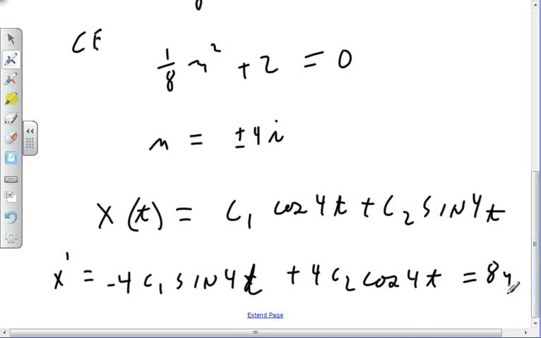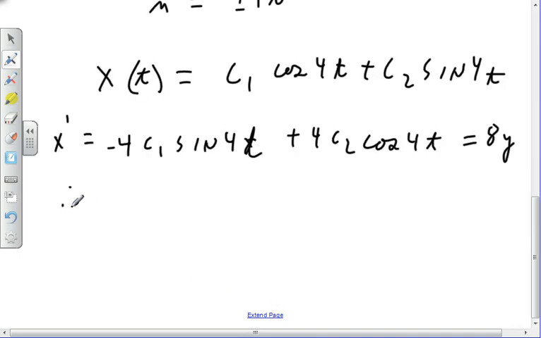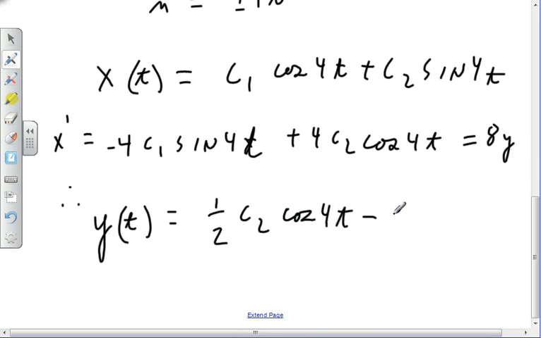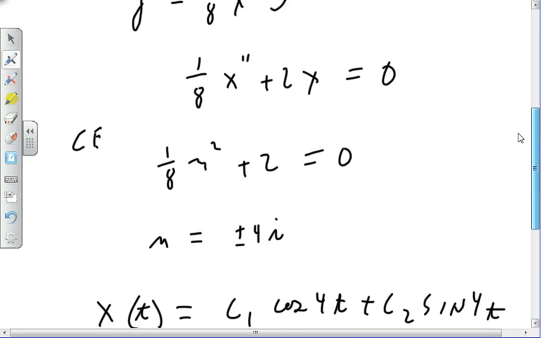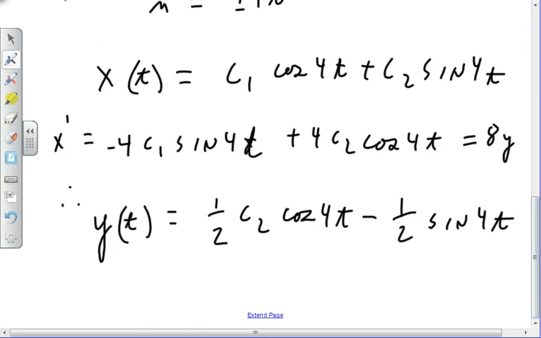Therefore, y of t equals 1/2 c2 cosine 4t minus 1/2 c1 sine 4t. Why doesn't that look like a 1/2 to me? What's wrong with this pen? And so we're done with number 16, going on to 18.